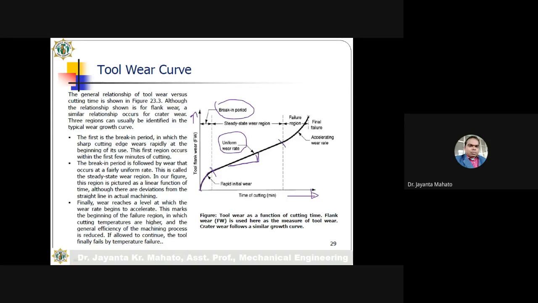At the last zone, with more and more cutting time, the tool flank wear increases rapidly, and here is the failure region. Here the tool may fail, and after this amount of time you consider it as the tool life.